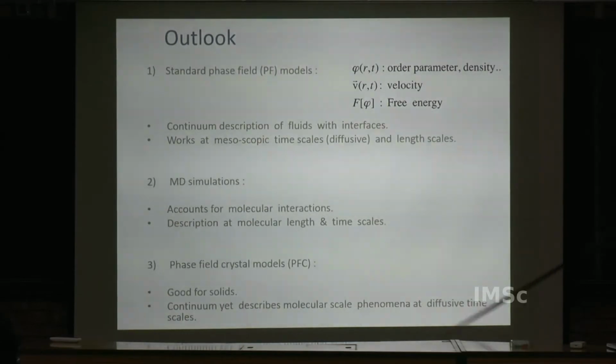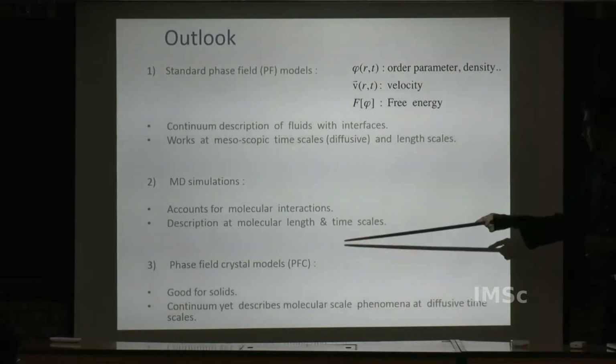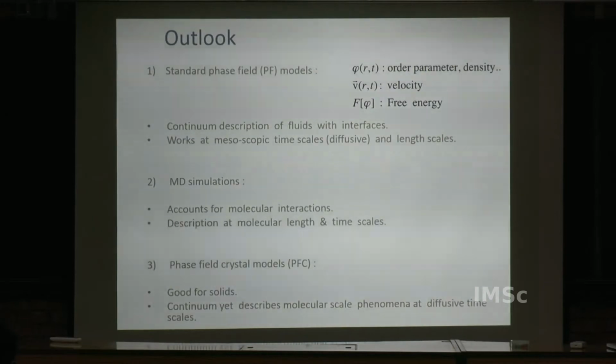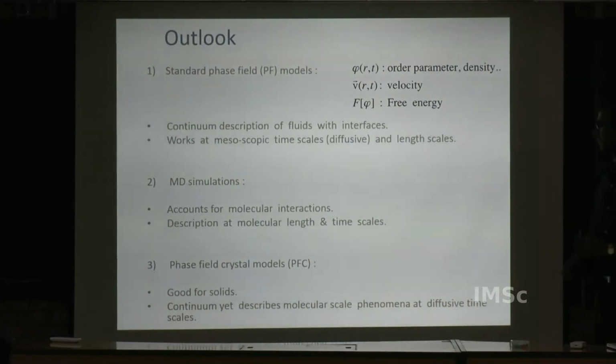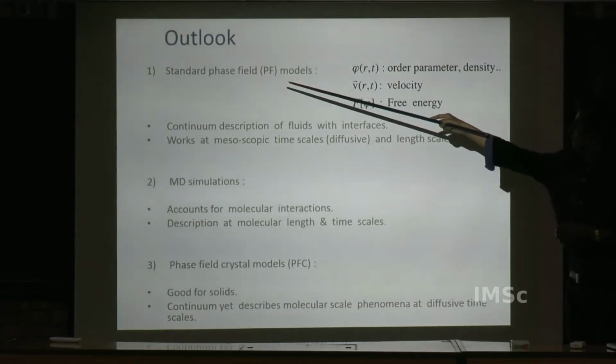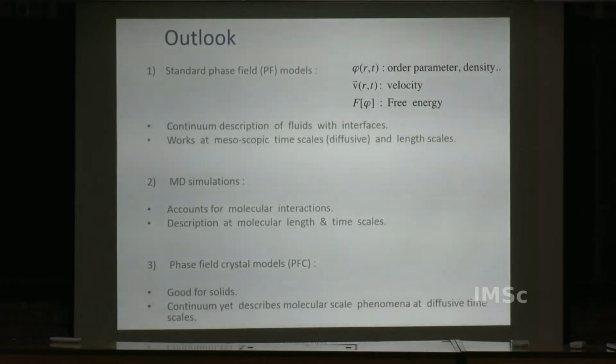So there was a version of phase field model which came up in actually early 2000s, which was doing a mix of both. So it turned out to be a very good model for solids, for describing motion in solid, and that too molecular motion. Okay, in the standard phase field models it is continuum.